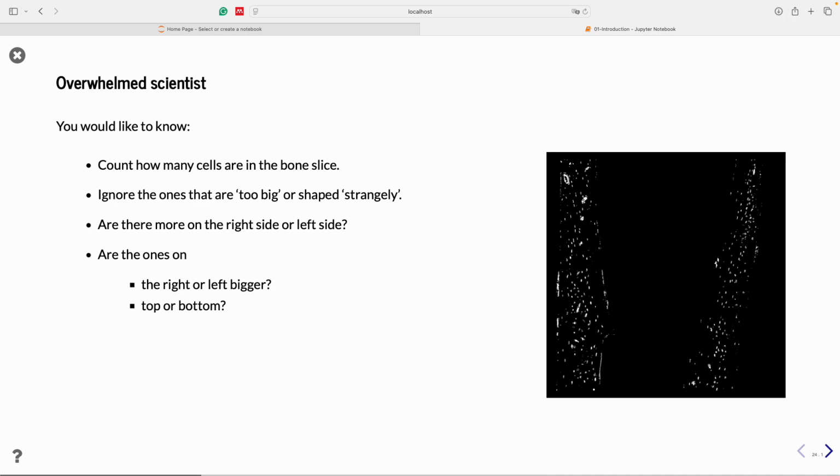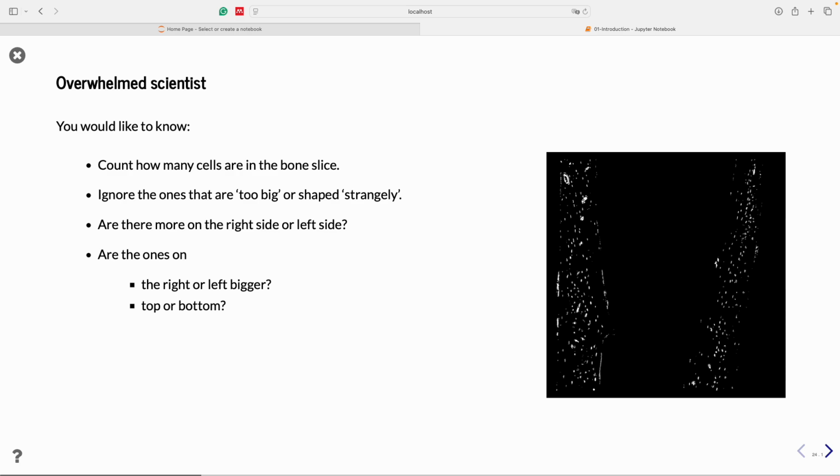So now, let's say we want to look at these images. And this is some bone cells in a slice from bone. And we're looking at some cells in this slice. And right now, you only see white blobs in this black background.